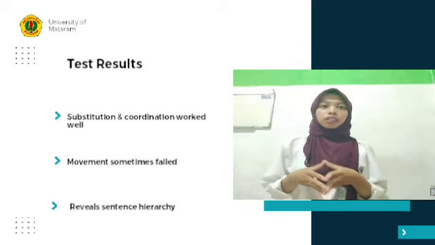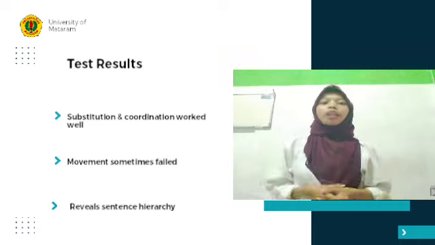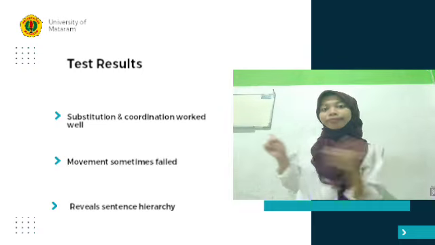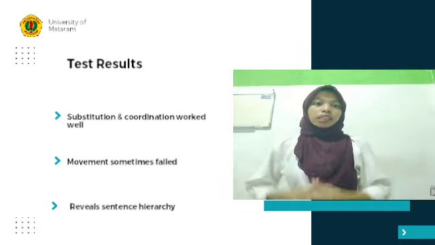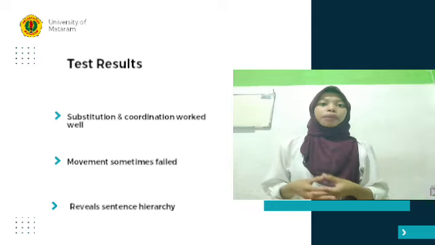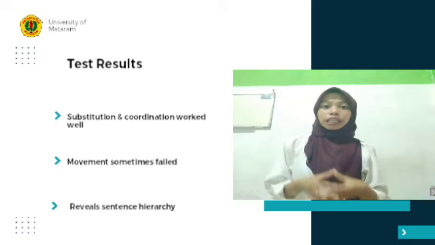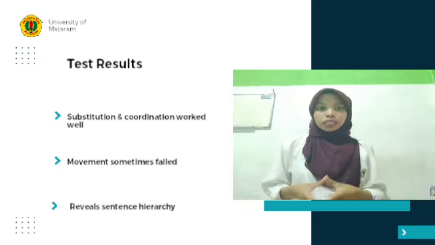Okay, next is the test result. Which tests work and why? Among the tests, substitution and coordination work best because they clearly identify complete units like noun phrases or verb phrases.